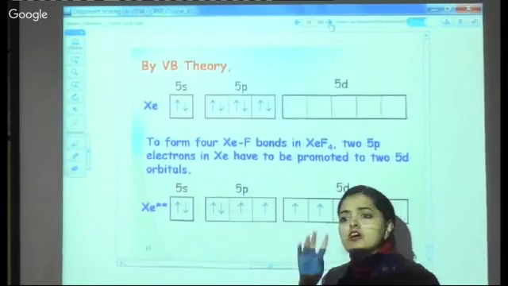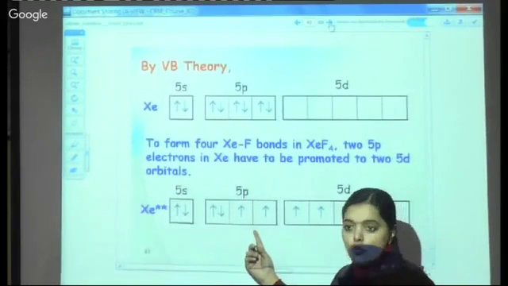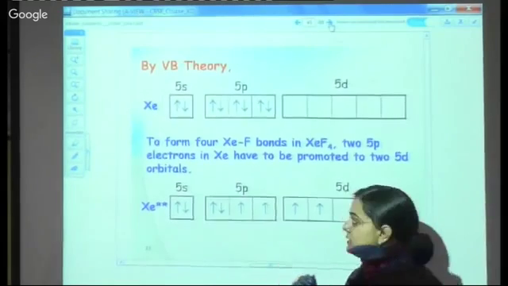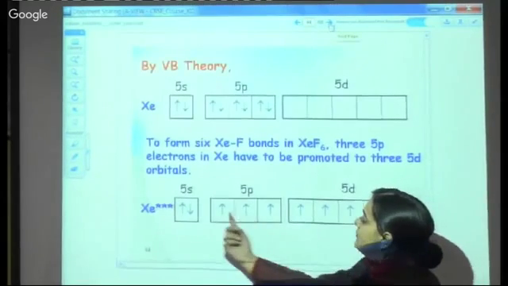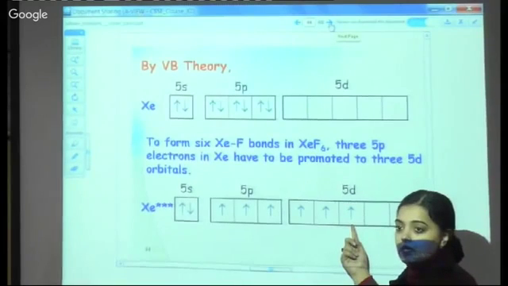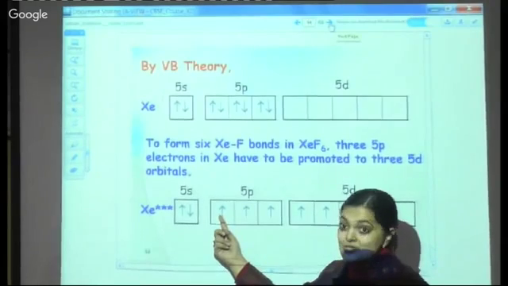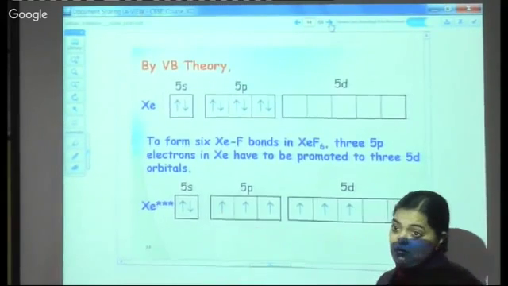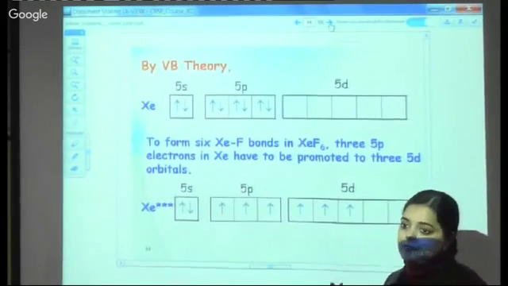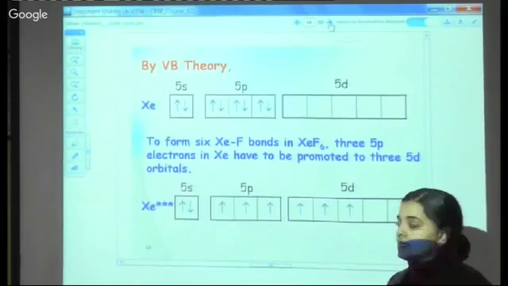So sharing with 4 fluorine atoms can take place, forming XeF4. Next slide, please. Here one more electron is promoted, and it can accommodate 1, 2, 3, 4, 5, 6 fluorine atoms, forming XeF6. Next slide, please.